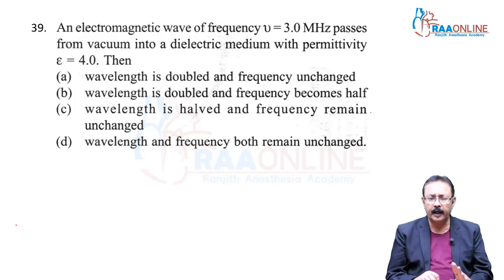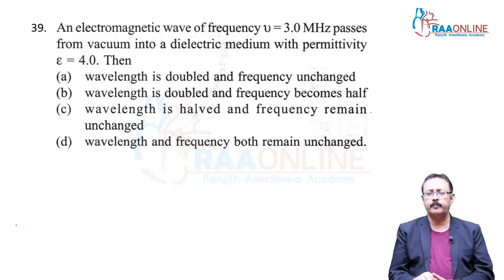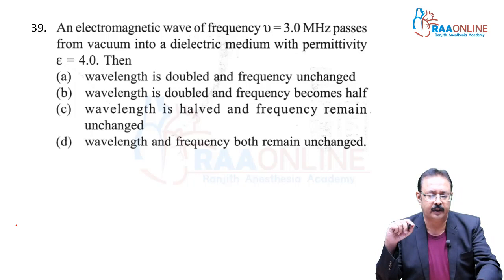39th. An electromagnetic wave of a given frequency goes from vacuum into a dielectric medium with permittivity 4. What will happen to wavelength? What will happen to frequency? We know that frequency is always unchanged.